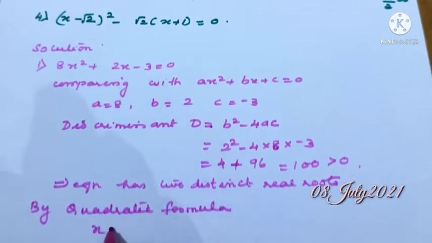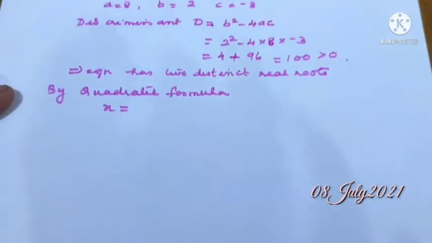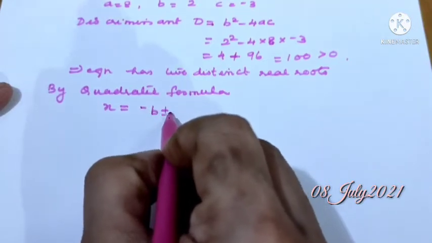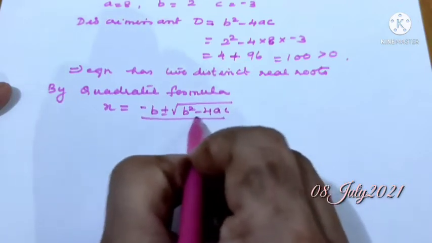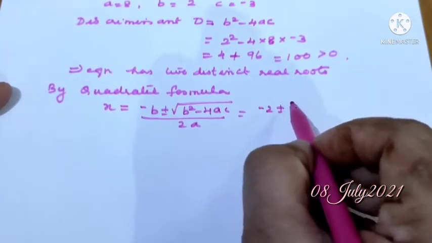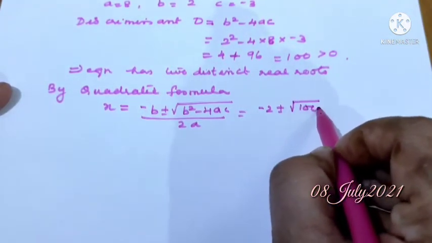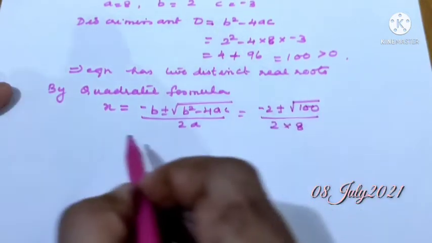x equal to, first we have to write the formula only, minus b plus or minus root of b square minus 4ac by 2a. Minus b means minus 2, plus or minus root of b square minus 4ac, which we have calculated as 100. 2 into a is 16.